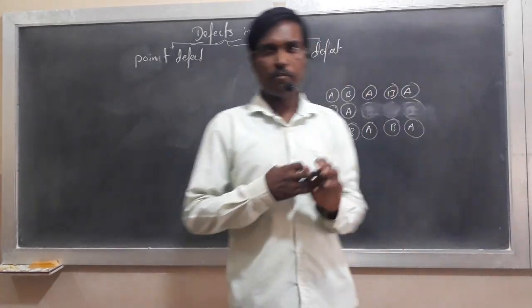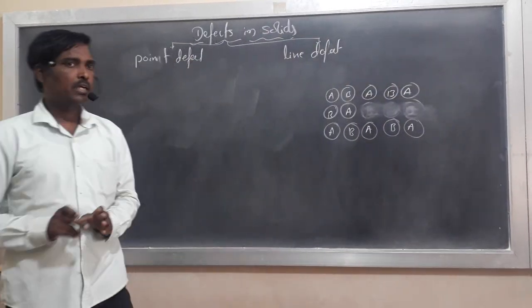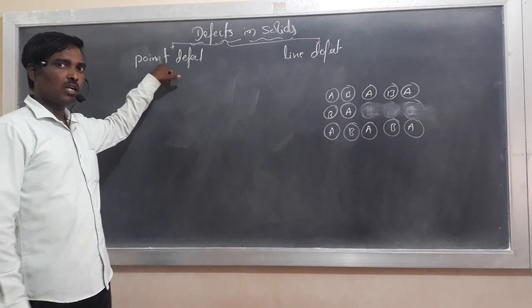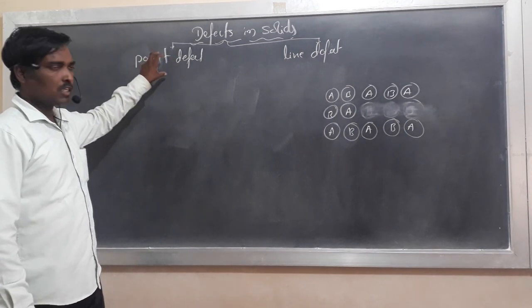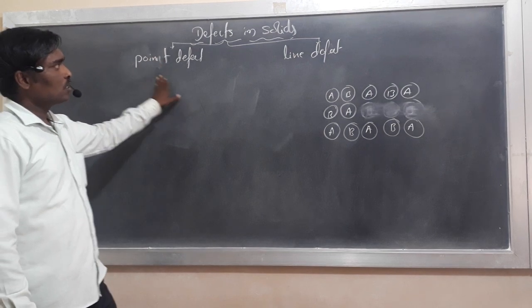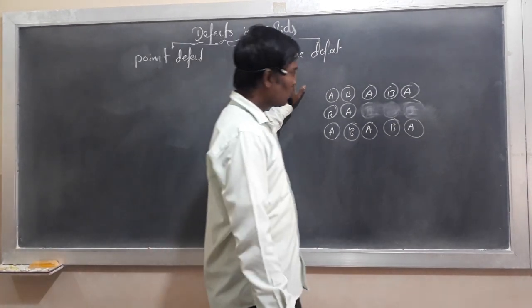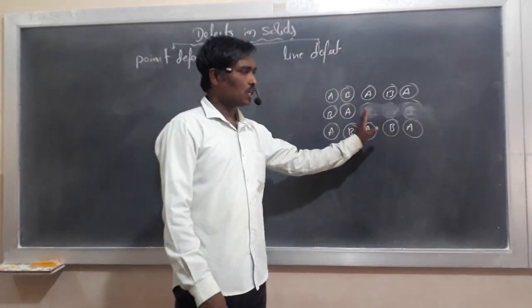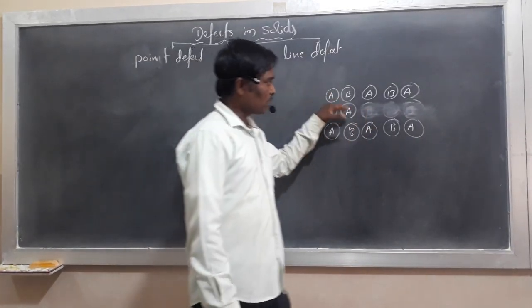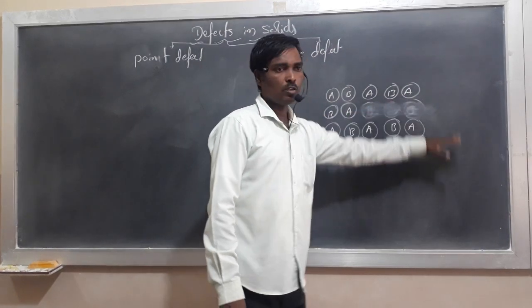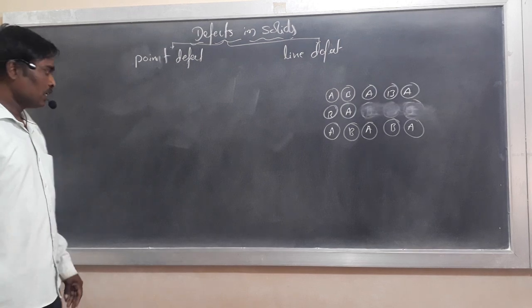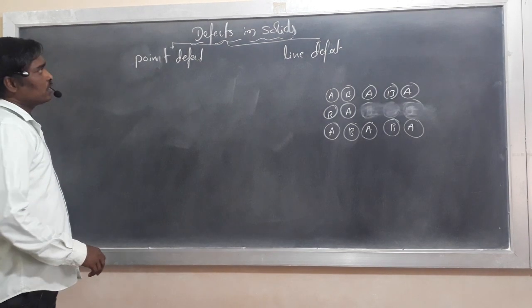In point defect, the defect is observed around a lattice point, with some particles missing from their lattice points. In line defect, a complete row is missing, that means the atoms or constituent particles from that row are completely missing during the formation of the crystal lattice. That is called a line defect.